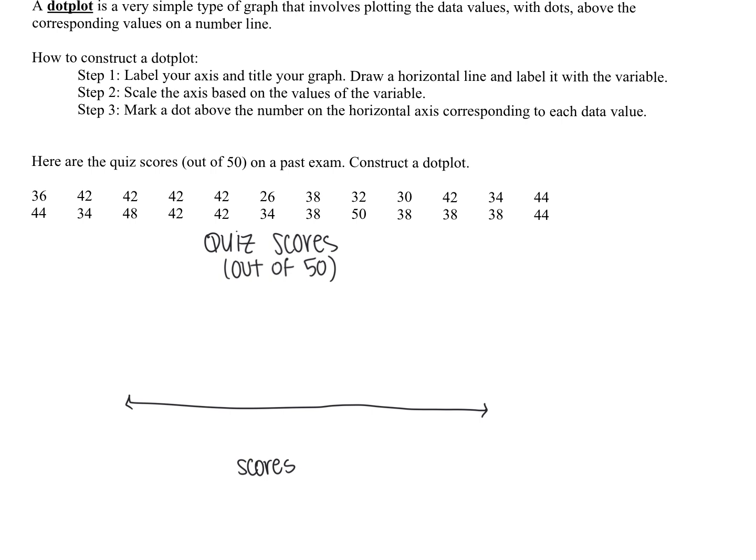So I'm looking through here. The smallest number is 26. So I'm going to start with 26, and then I'm going to go up by 2s. I need to extend my number line a little bit.